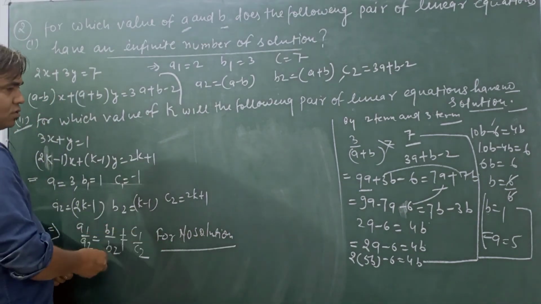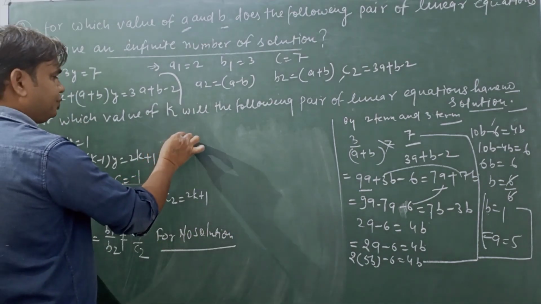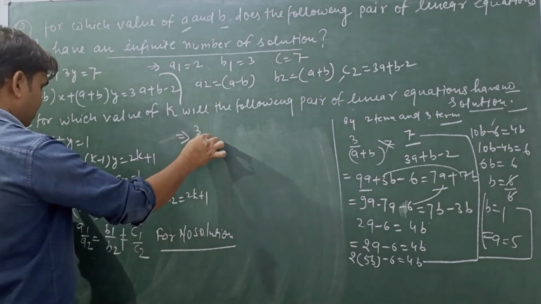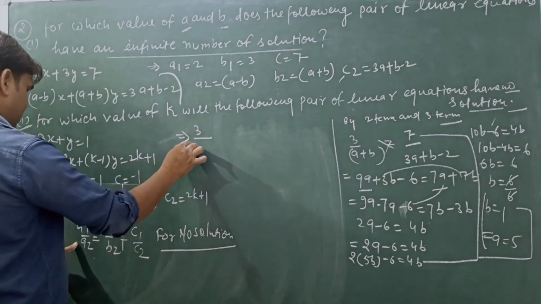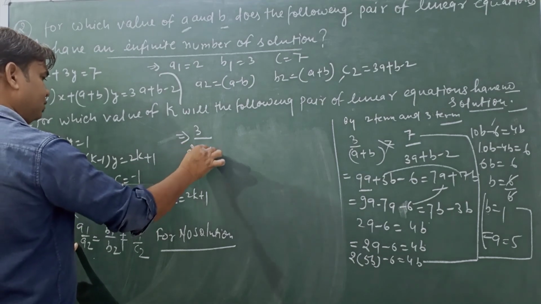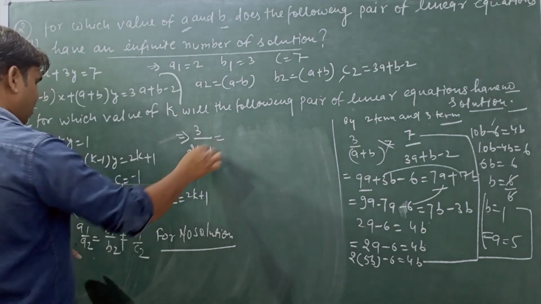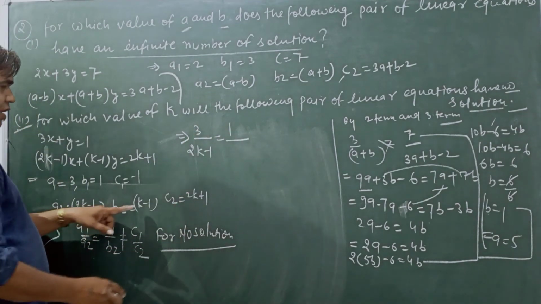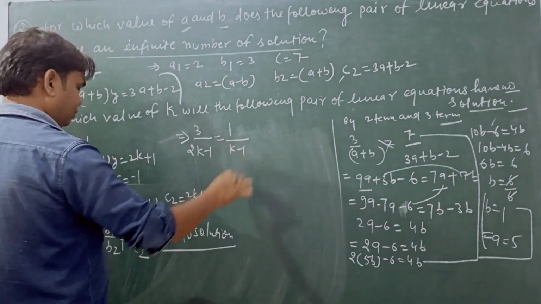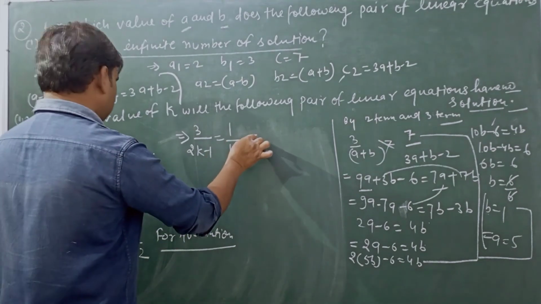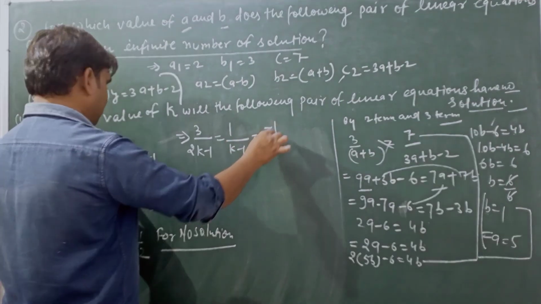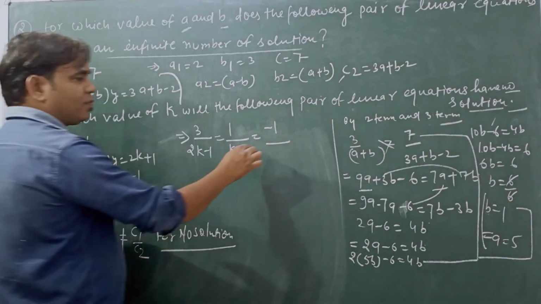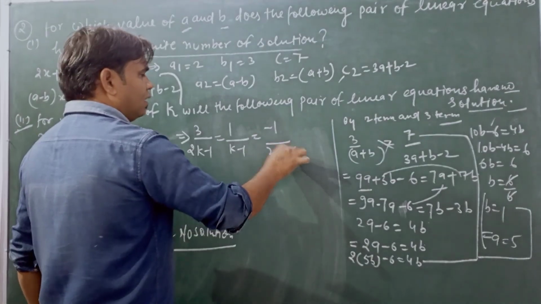So for no solution, we write the value of a1 as 3 and a2 as 2k minus 1, b1 as 1 and b2 as k minus 1, c1 as minus 1 and c2 as 2k plus 1.